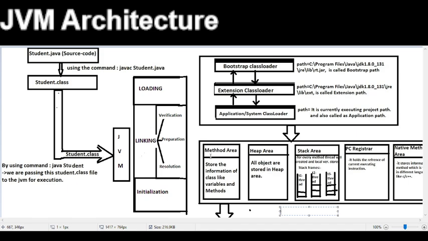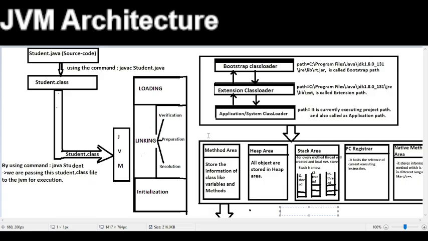First of all, the request will come to the application class loader. Now it will delegate the request to the extension class loader. Again, the extension class loader will delegate the request to its parent, that is the bootstrap class loader.